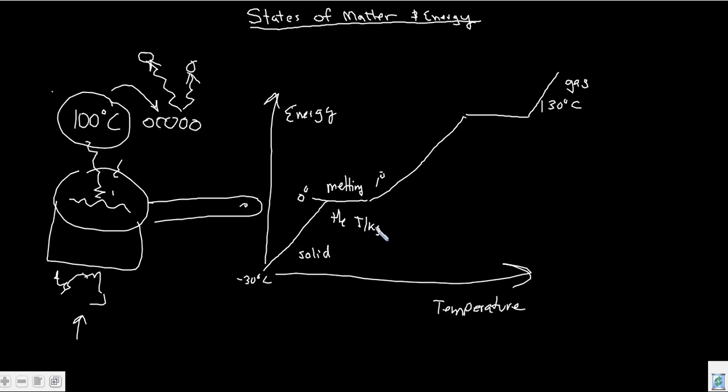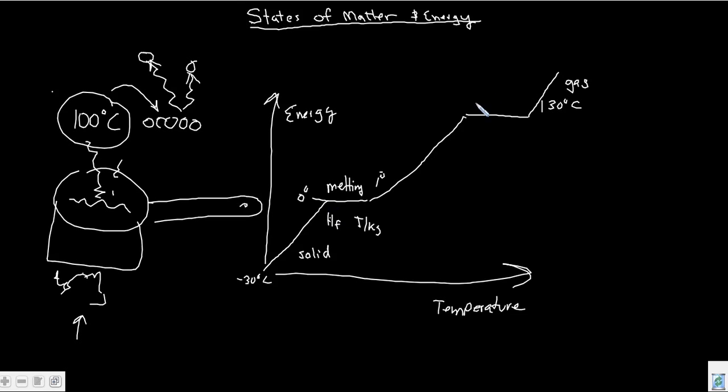It's kind of similar to specific heat. It's its own little specific heat per thing. So everything is going to have a different heat of fusion for its state change.